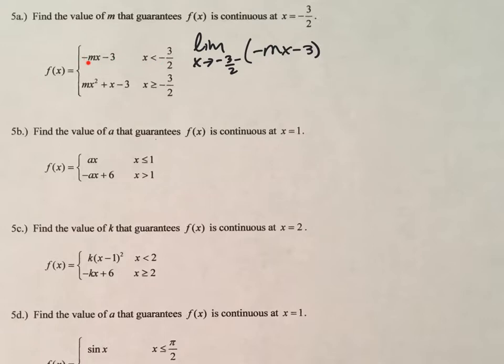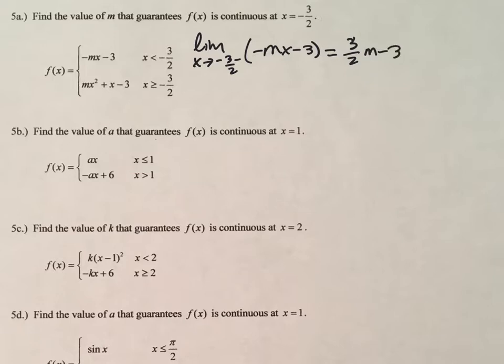So I'd use this part of the function definition. Okay, and then let's do some direct substitution. I'm going to replace this x with -3/2. So -3/2 times -m would give us +3 halves m minus 3.